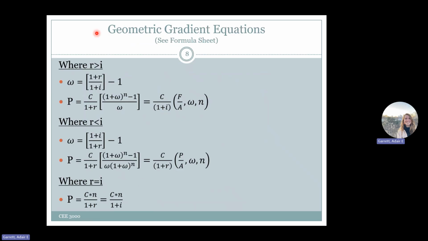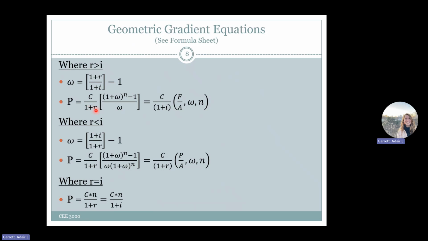Starting with when R is greater than I, and I know that there's a lot of information on the slide, but we'll talk through it. First, I want to highlight that we have this omega factor, which we're going to treat as our interest rate for some of these values.